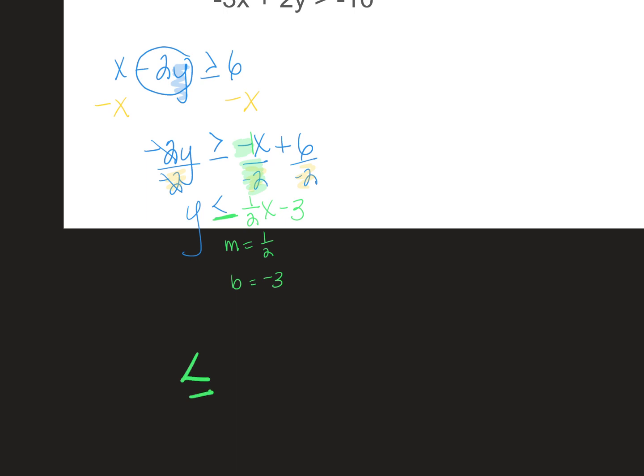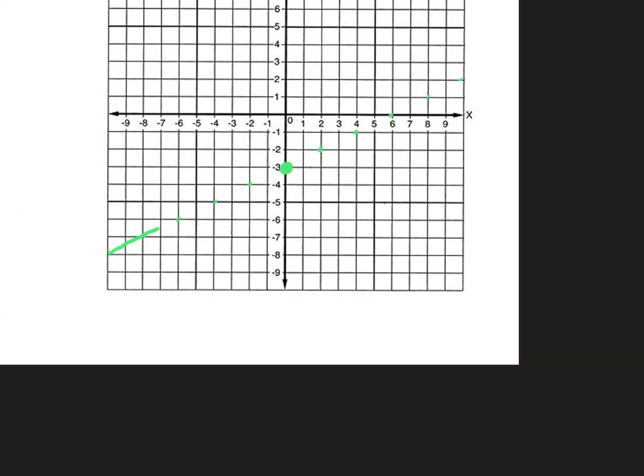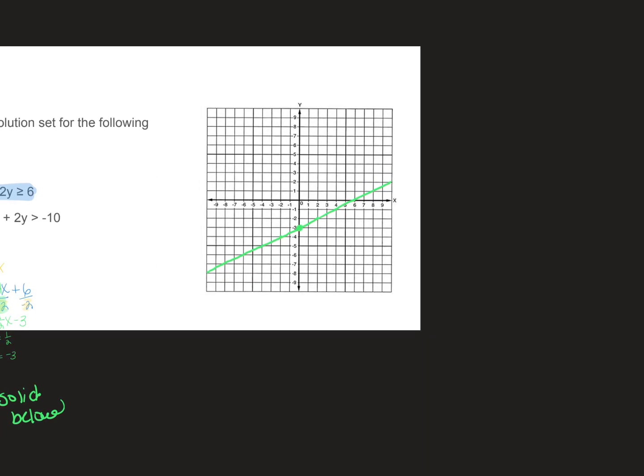So less than or equal is going to be solid, and we're going to shade in below the line. I've got a lot of points, I can make a nice straight line. Get my highlighter and shade in everything down here.